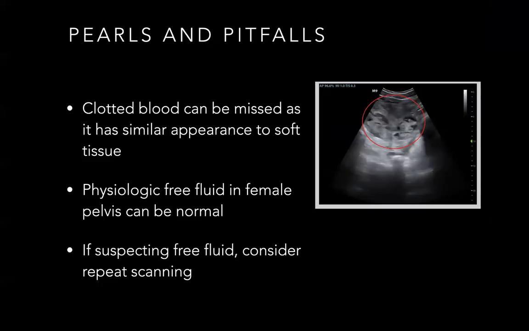Some pearls and pitfalls. So when looking for free fluid, when it's acute, it's easier to see because free fluid is black. However, when it's been days and blood has a chance to clot, for example, like a hematoma, clotted blood has a very similar appearance to soft tissue, and so just imagine blood being more gelatinous, more clotted.